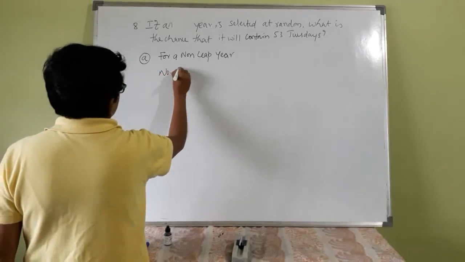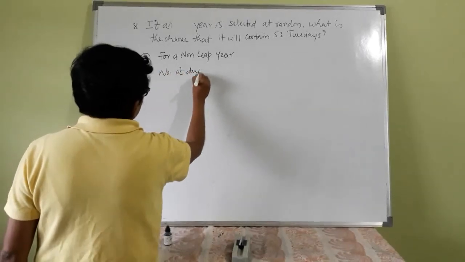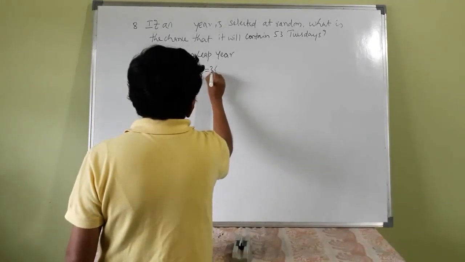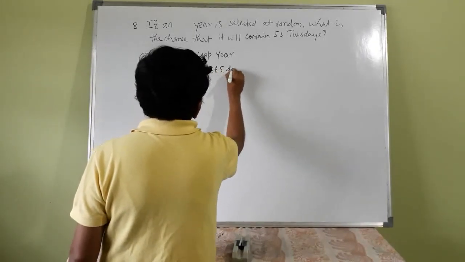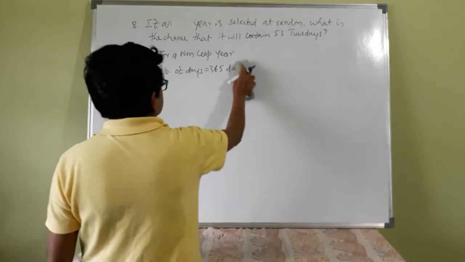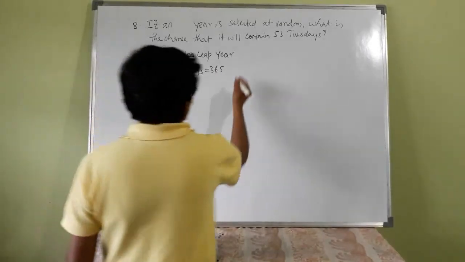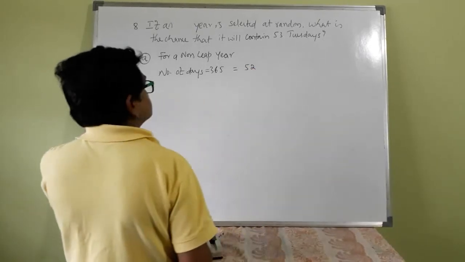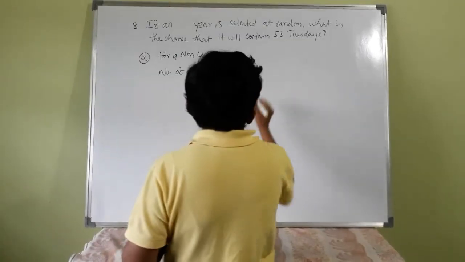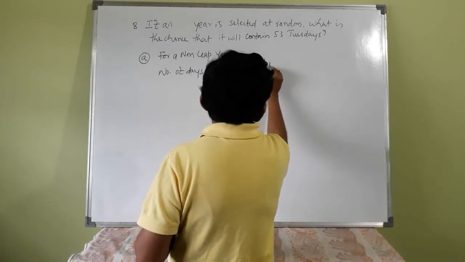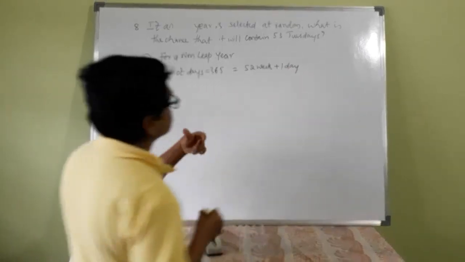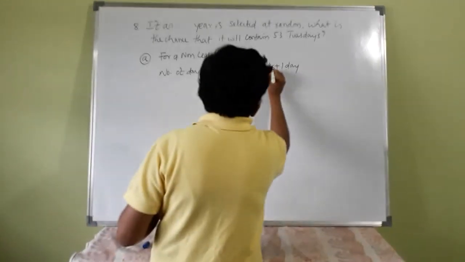The total number of days is equal to 365 days, that is equal to 52 complete weeks plus 1 day.